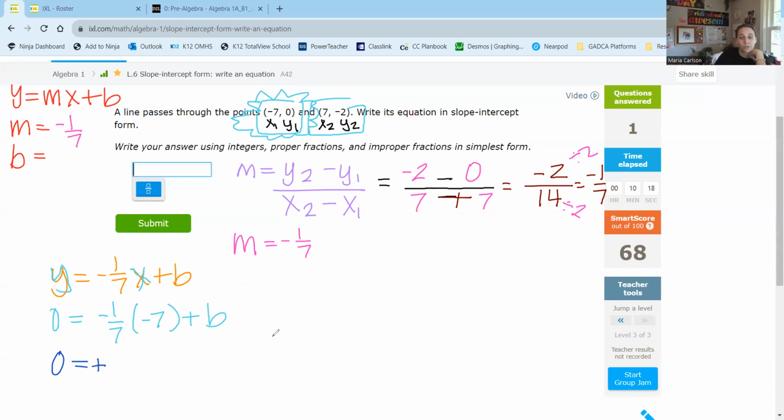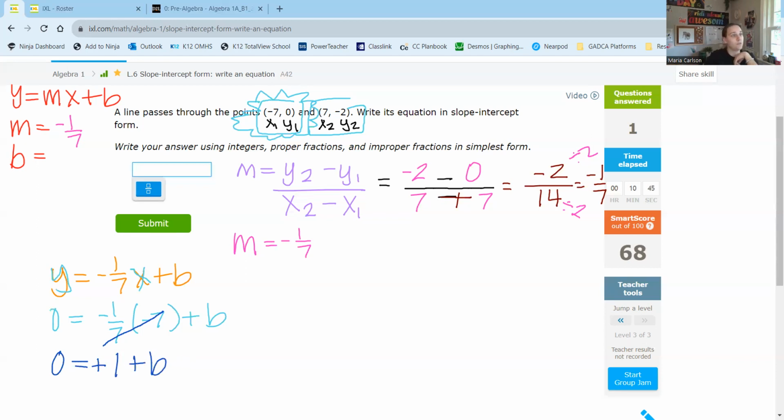Now let's just focus on the numbers. 1/7 times 7: if I have 1/7 seven times, how many sevenths do I have? I have 7 sevenths, or a whole. So whenever I see the 7 in the denominator and we're multiplying by that number, those two things cancel out. So we're left with just 1. So we have +1 plus b.